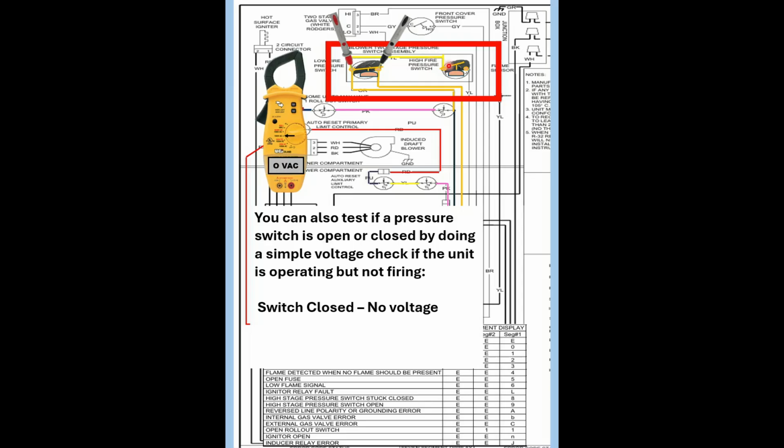You would get power here though if you took voltage across that switch, because there is a potential difference, excuse me. And that's why you're going to get 24 volts there.